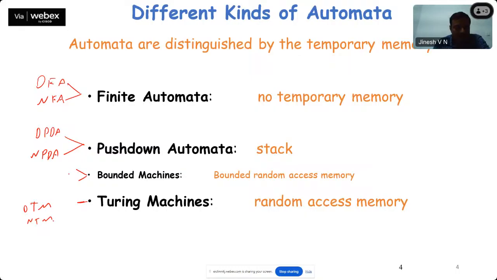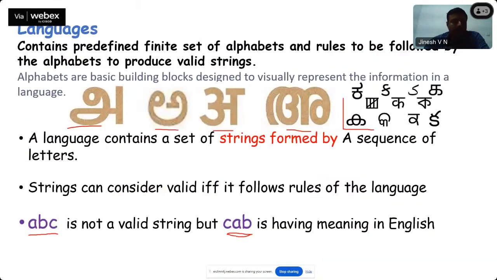This is similar to the Turing machine, but there is a restriction in the memory representation. So these are the four types of automata machines. We will see each one in detail, how we can represent them and how they are related to our languages.